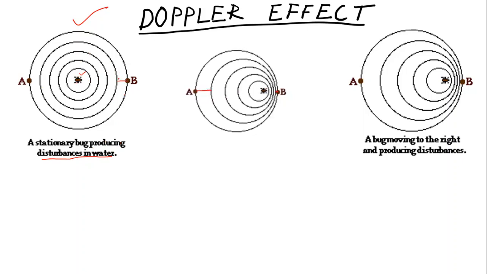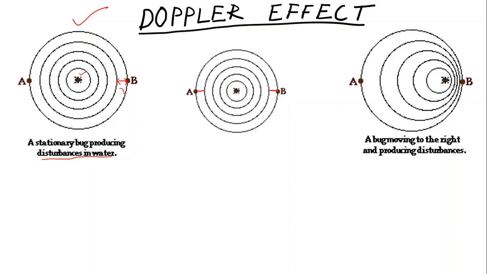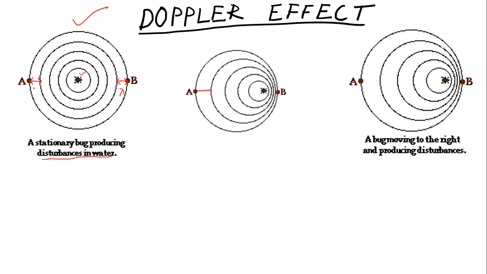The distance between consecutive wavefronts, as we know, gives you lambda, the wavelength of the disturbance. Same here, for A, the observer at A, you can see this is also lambda, for a stationary bug producing disturbance in water.